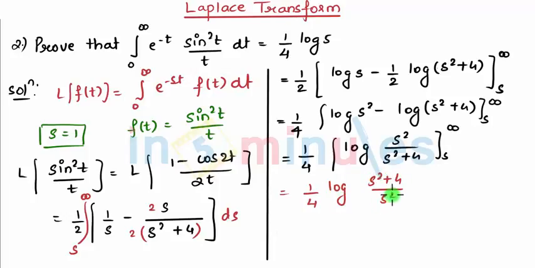This was a Laplace of your function. Now last is, we need to substitute s equal to 1. So I can say I equal to 1 by 4 log of, when you put 1 here, that becomes what? 5. And I think that is proved to be RHS.